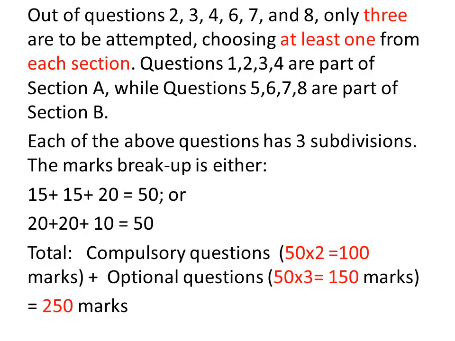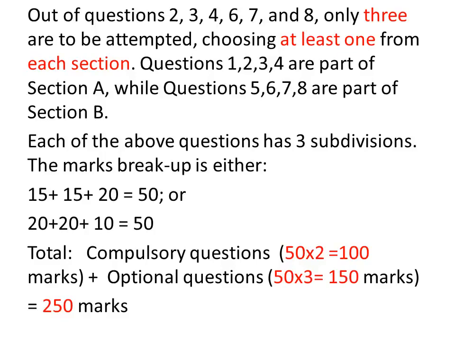So the paper is divided into 2 sections, 1, 2, 3 and 4 belong to section A, whereas 5, 6, 7 and 8 belong to section B. Now if you are doing 1 and 5, of course, because they are compulsory, then if you do 2 and 3 from section A, then you have to do 6 or 7 or 8 from section B, meaning that you cannot do 2, 3 and also 4, or 6, 7 and also 8. So you can do, say, questions 6 and 7, and then you have to do at least 2 or 3 or 4 from section A.